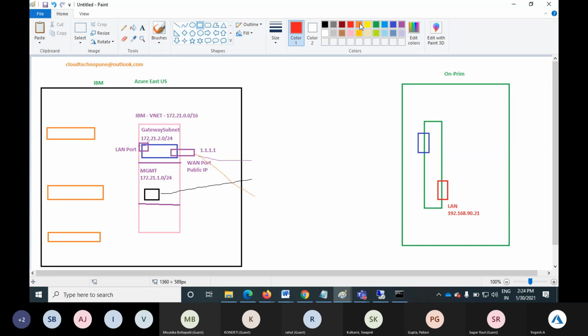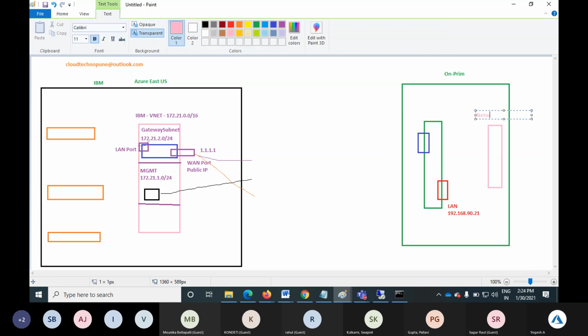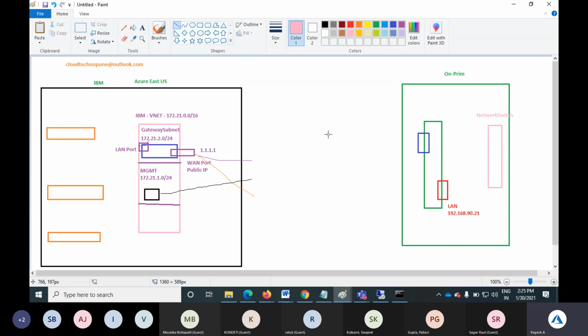Okay, so this is the core switch which I have, network switch. So this is the connection. This is the connection.